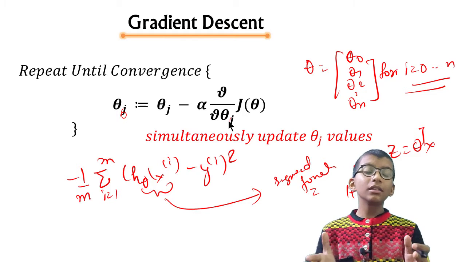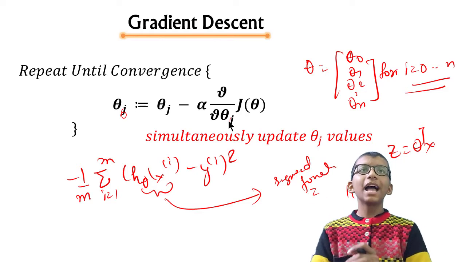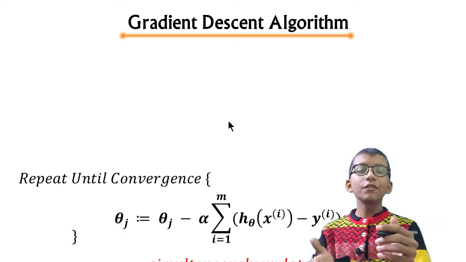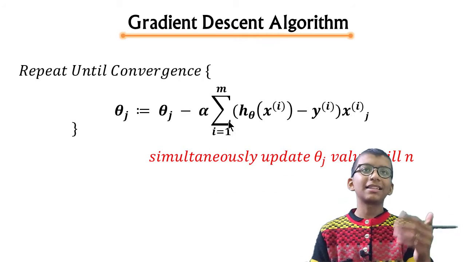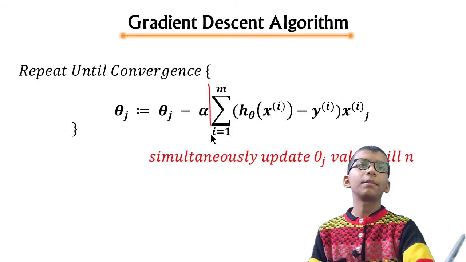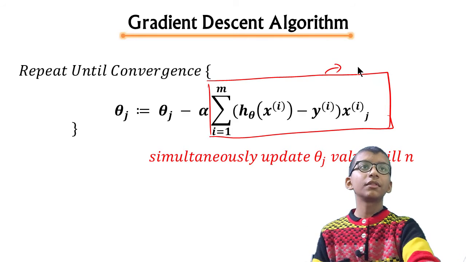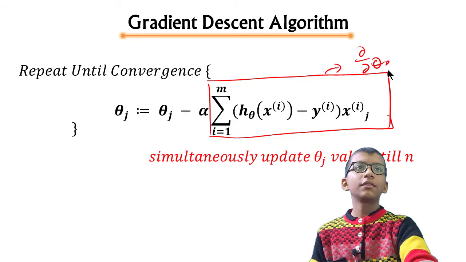Now let's conclude all those things and put it all together. So we have the gradient descent algorithm like this. After taking the partial derivative of the cost function, we are going to get something like this, and here we have minus 1 by m. Here we have the partial derivative of our cost function J of theta.